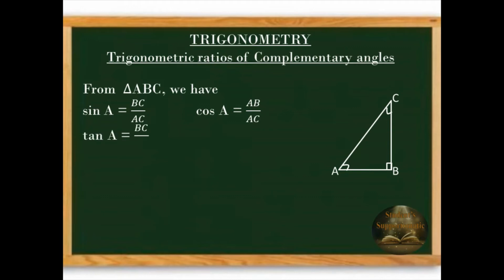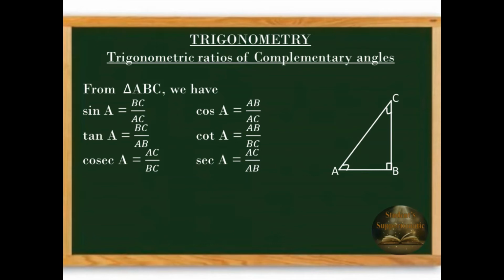Tan A is BC by AB, and cot A is equal to AB by BC, and cosecant A is equal to AC by BC, and secant A is equal to AC by AB. So these are all the trigonometric ratios with respect to the angle A.